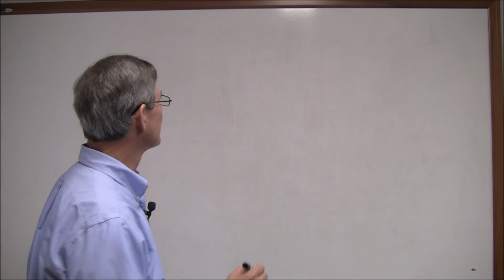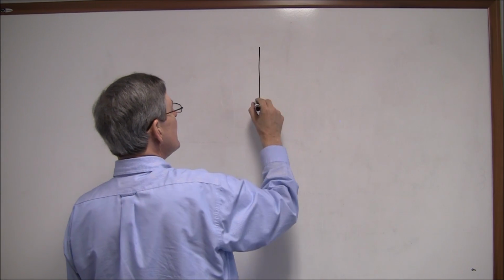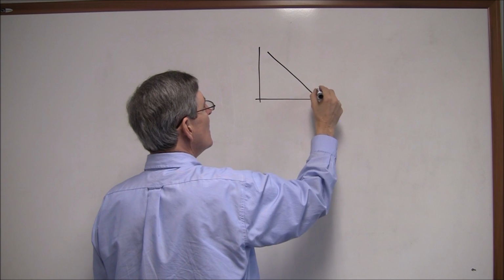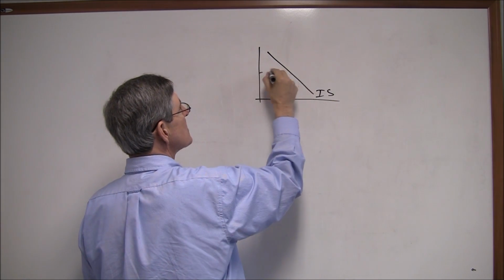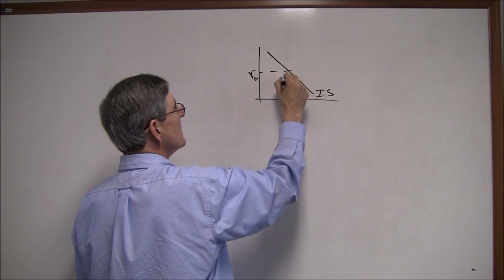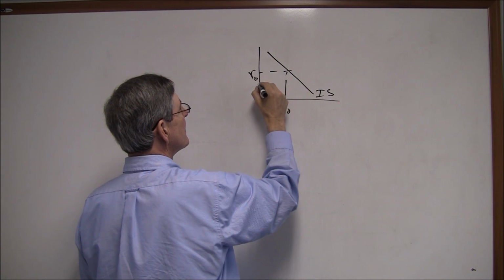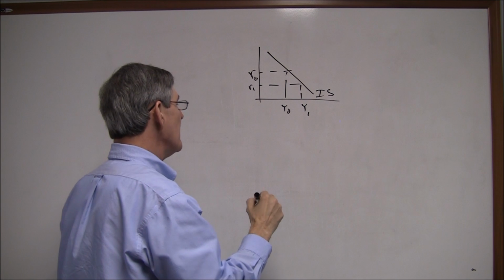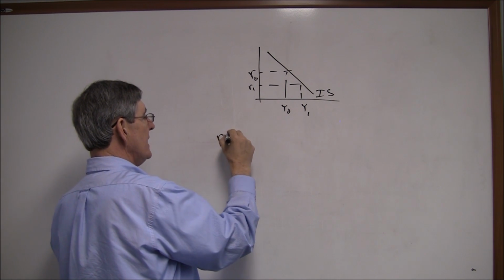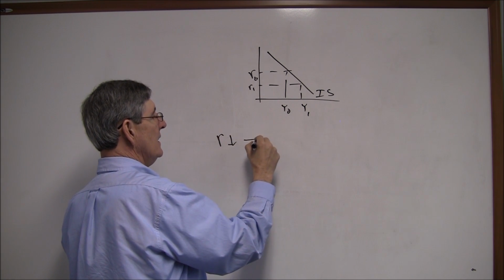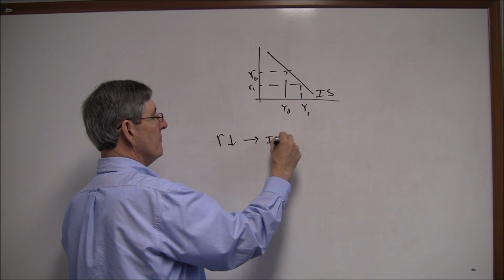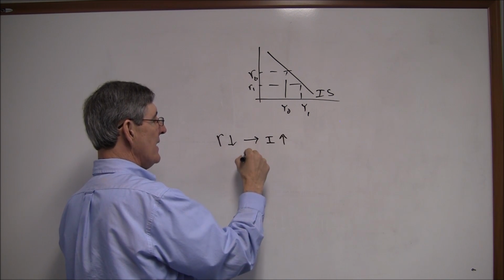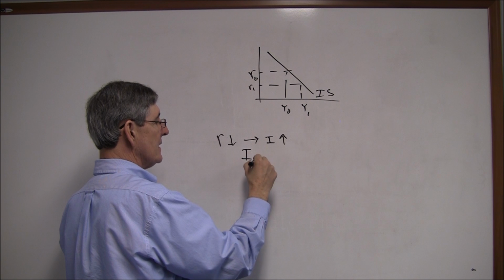So what's the intuition? If you look at the IS curve, what's going on? So here's R0 and Y0, Y1 and R1. What's going on here is that as we lower the interest rate, investment goes up. And this is where that I of R parameter comes into play.